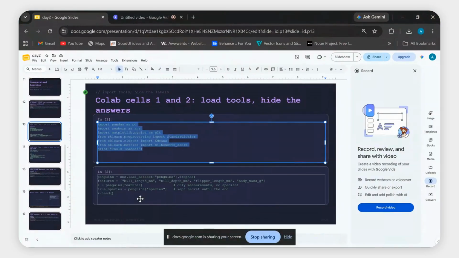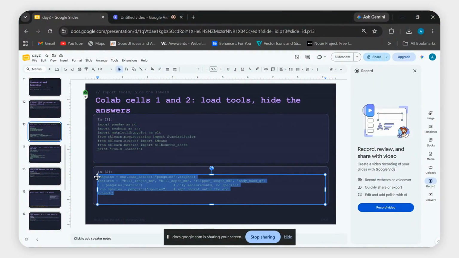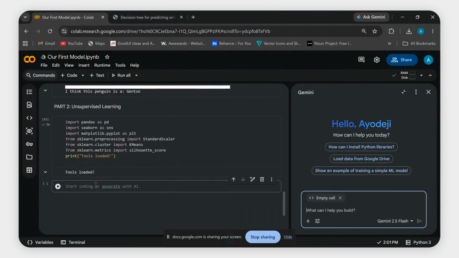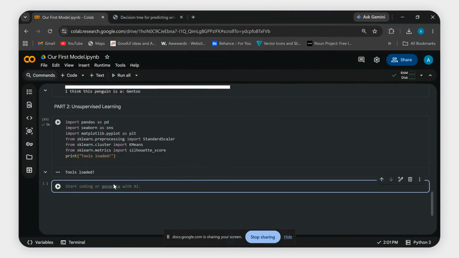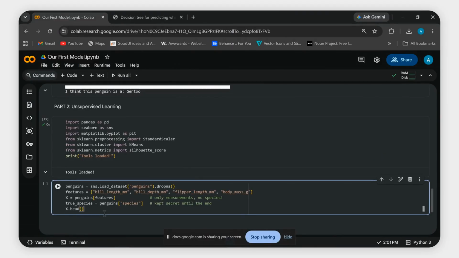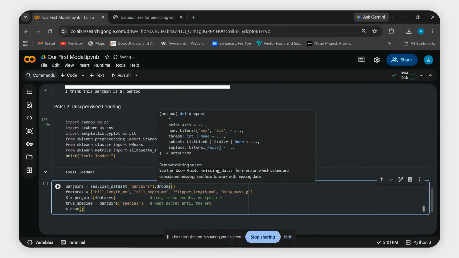Then let's pick cell two. We did something different here. In our data set, we dropped the missing values directly with dropna, that is, drop empty measurements, because we already dropped them in the previous one. You can see the user guide for missing data for more values considered missing.